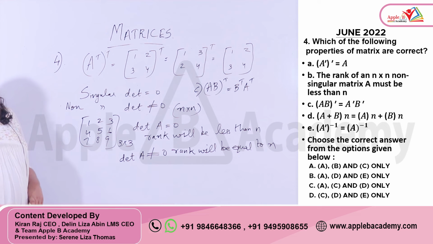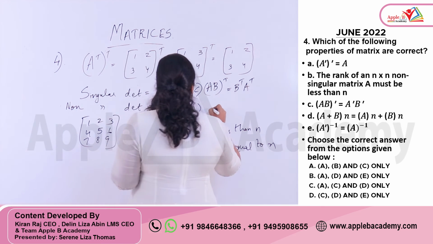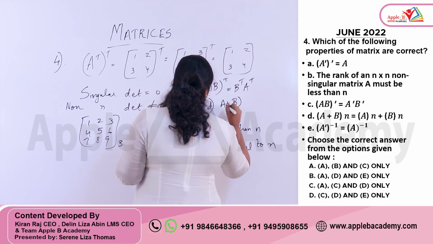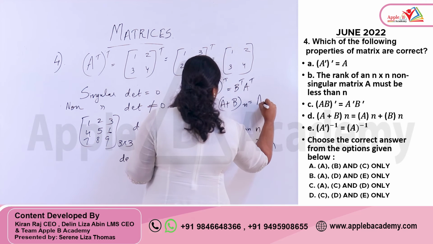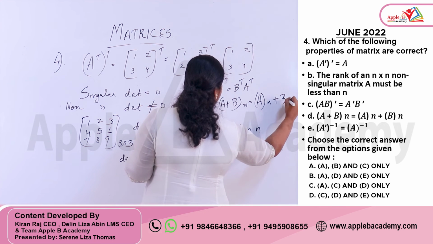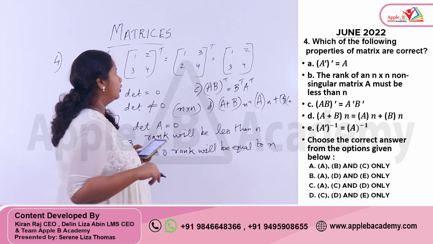Next one, option D. A plus B into n is equal to A into n plus B into n. Okay.